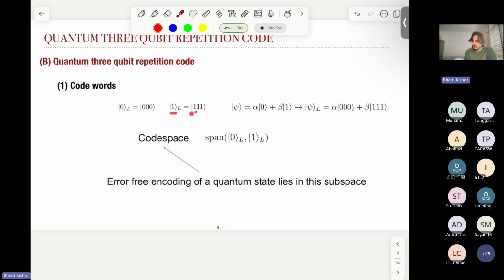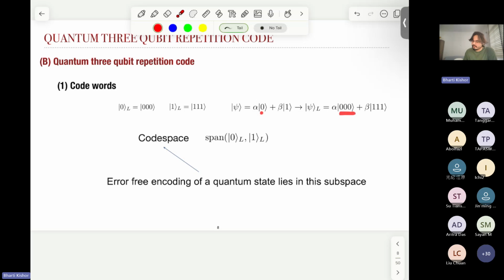1 logical is 111. Now in quantum mechanics, any arbitrary vector in the vector space can be written as a superposition of the basis elements. So let's say any psi, which is alpha 0 plus beta 1, its encoding in the logical space will be psi logical equal to alpha 000 plus beta 111.